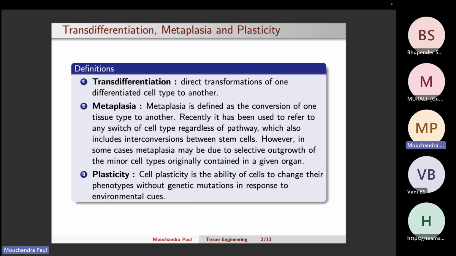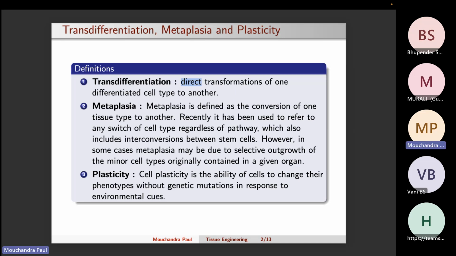Now it is direct, because there is no intermediate cell stage where the cell has become immature or gained stem cell-like or progenitor cell-like characteristics. It is directly changing its morphology and cell properties.